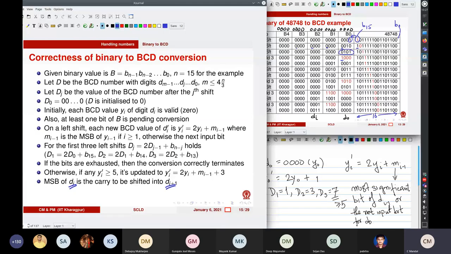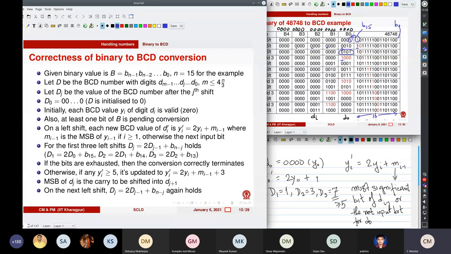So that will be shifted in, and on the next left shift this relationship holds again. That is, Dj is again 2Dj minus 1 plus bn minus j because of this correction.